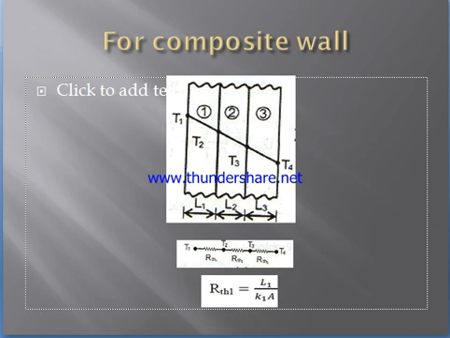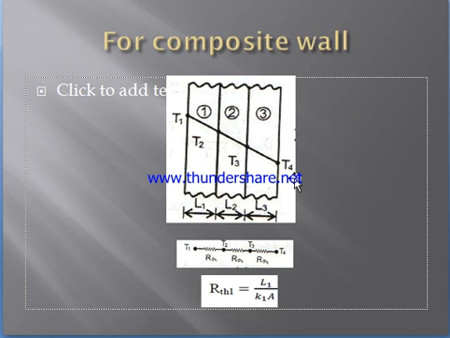So we have to find out the resistance in each section. The resistance value of section 1 will vary from section 2, and it will vary from section 3 also, because of the thermal conductivity of the three materials.